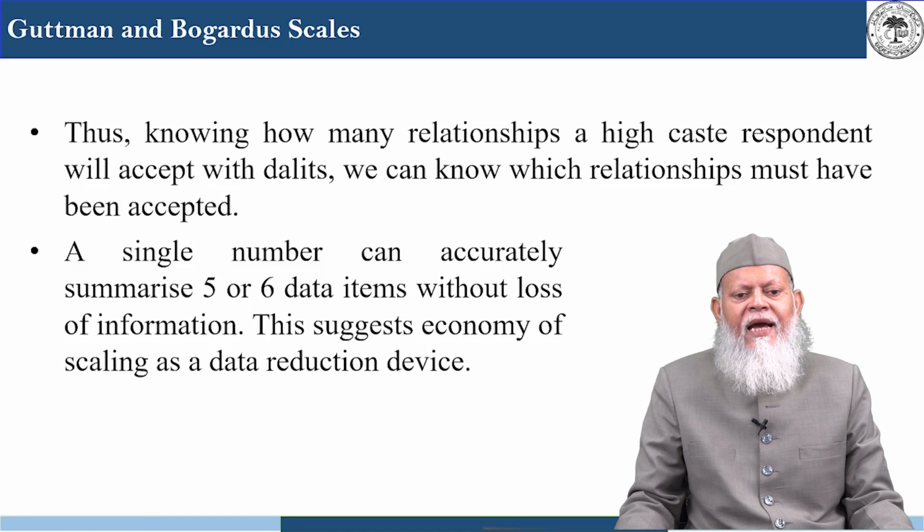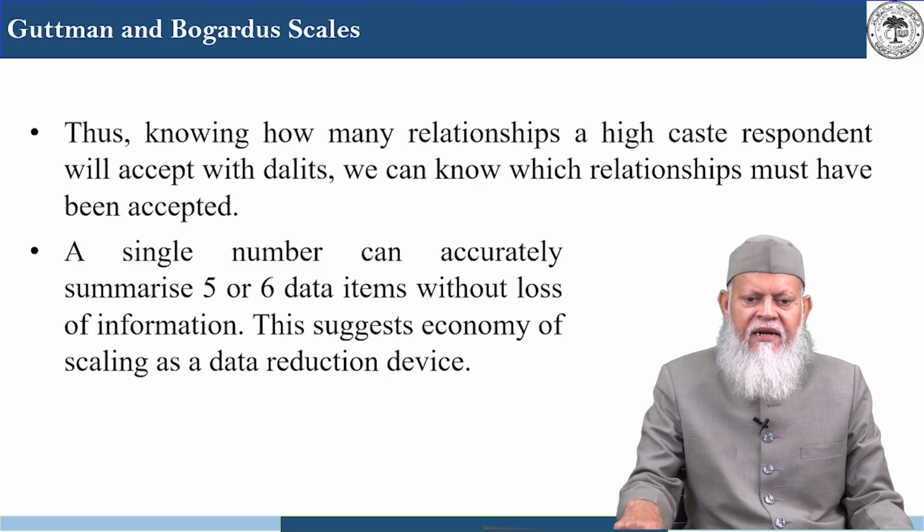A single number can accurately summarize 5 or 6 data items without loss of information. And of course, this suggests economy of scale as a data reduction device. So, it is not only convenient, but it is also economic, and this recommends the economy of scaling as a data reduction device.